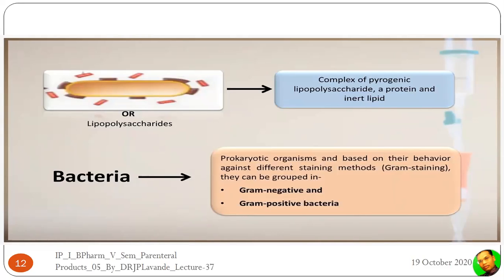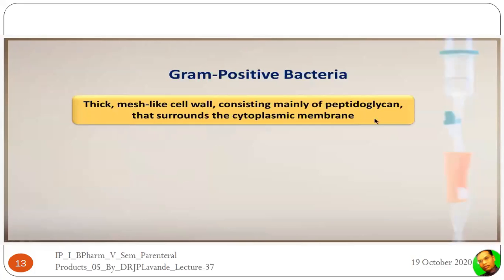Now, if we see the bacteria, they can be classified as gram-negative and gram-positive bacteria in the case of the prokaryotic organisms, based on their behavior against the different staining methods, for example, the gram staining. Based on the response to the gram staining, they have been classified as gram-negative and gram-positive.